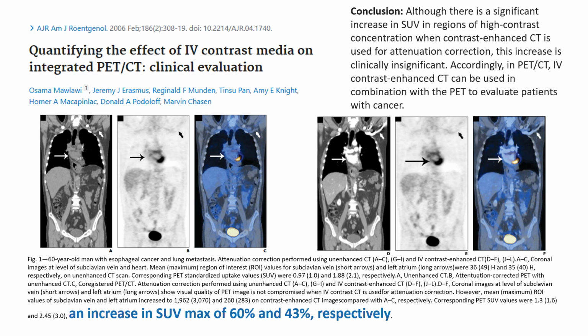Besides these results, the authors concluded that although there's a significant increase in SUV when contrast-enhanced CT is used for AC, this increase is usually clinically not significant.